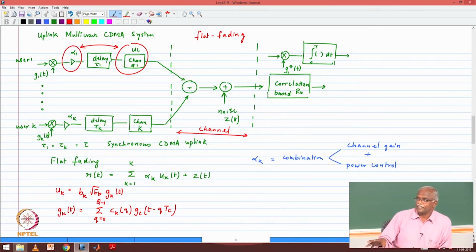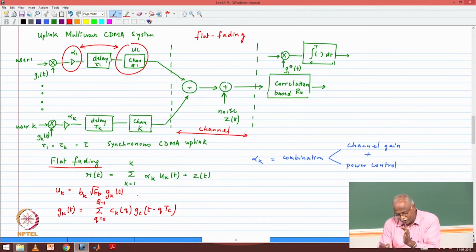So, the task at the receiver is to be able to detect any one of the k users who have transmitted the signal. And so, the assumptions once more, it is a flat fading channel. R of t can be written as summation k equal to 1 to K users, alpha k uk. Uk is the transmitted signal that depends on the bit at that instant of time and the energy level with which you are transmitting.